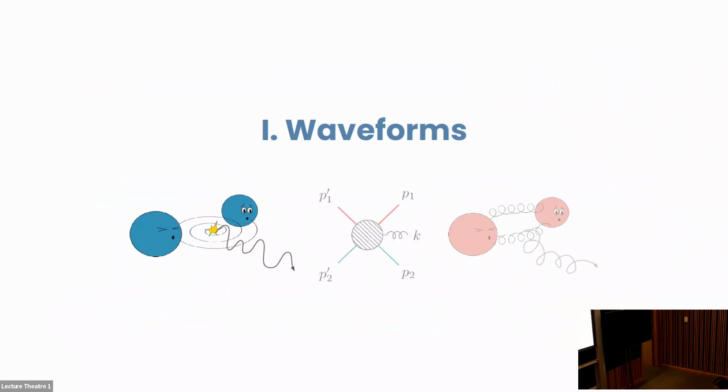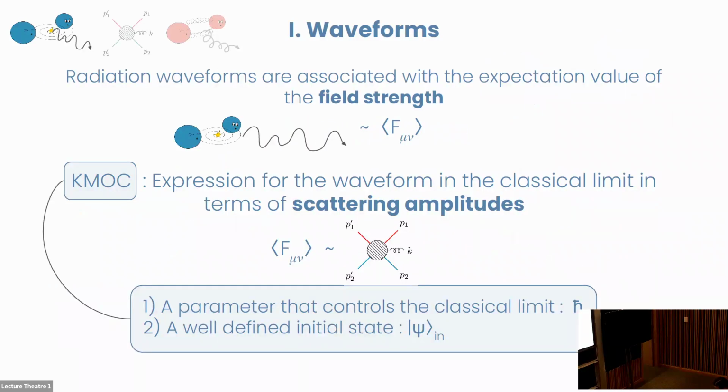All right, so let's start setting up the waveform. The radiation waveform is associated with the expectation value of the field strength in gauge theory and the Riemann tensor in gravity. So the thing that we're going to be interested in here is the expectation value of this field strength.